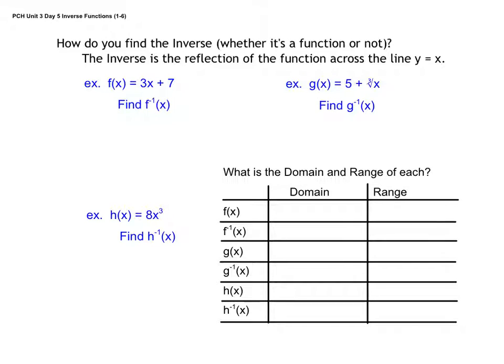So, how do you find the inverse? Well, if you understand the reflection across the line y equals x, it's real easy to remember. What happened to all your points when you reflected across the line y equals x? It looked like a 90-degree rotation, so the x values turn negative. That's a different kind of thing.